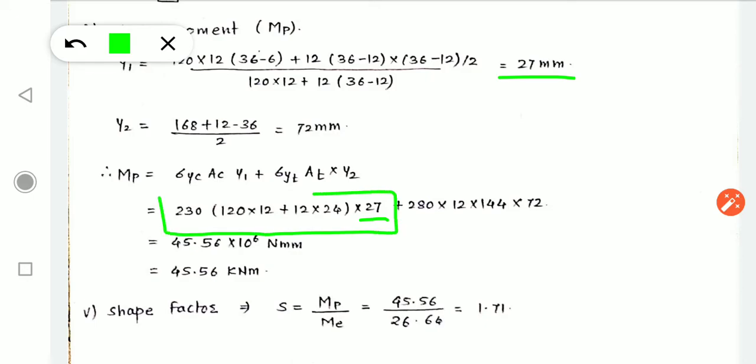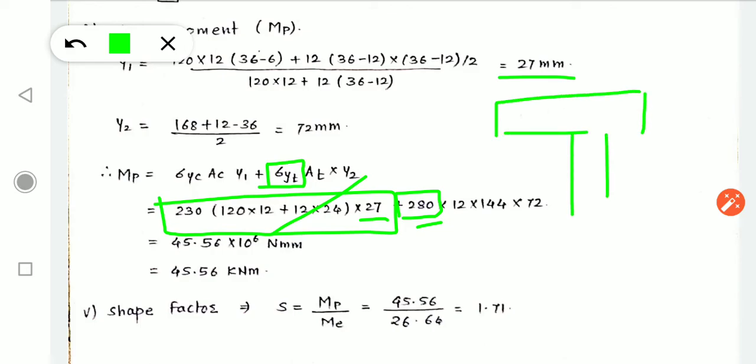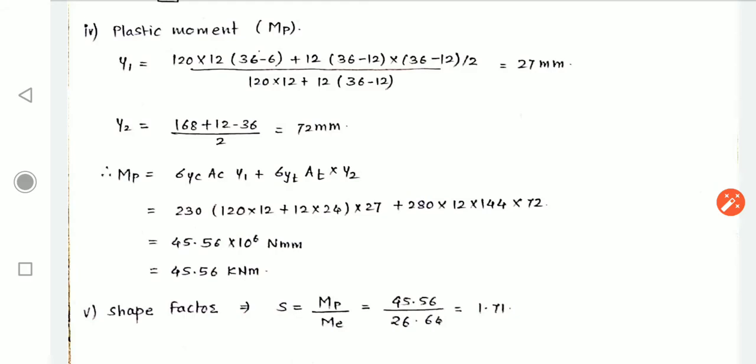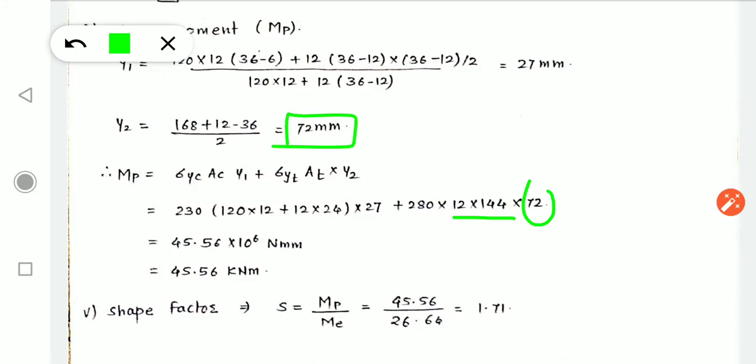Done with this part. Now let's come to the second part. This 280 is given in the question, that the stress on the tension side is 280. Then what will be the area? Area will be this remaining part, given by 12 into 144, multiplied by 72, because y from the tension side is 72.